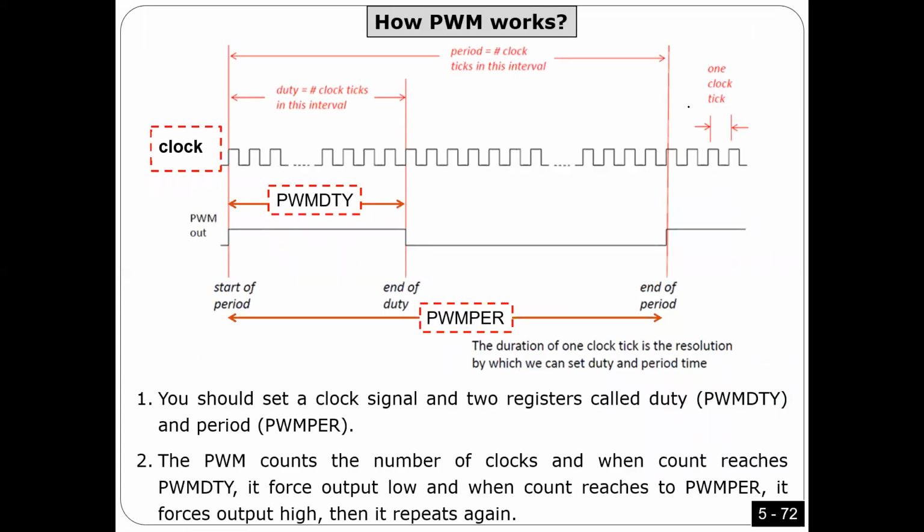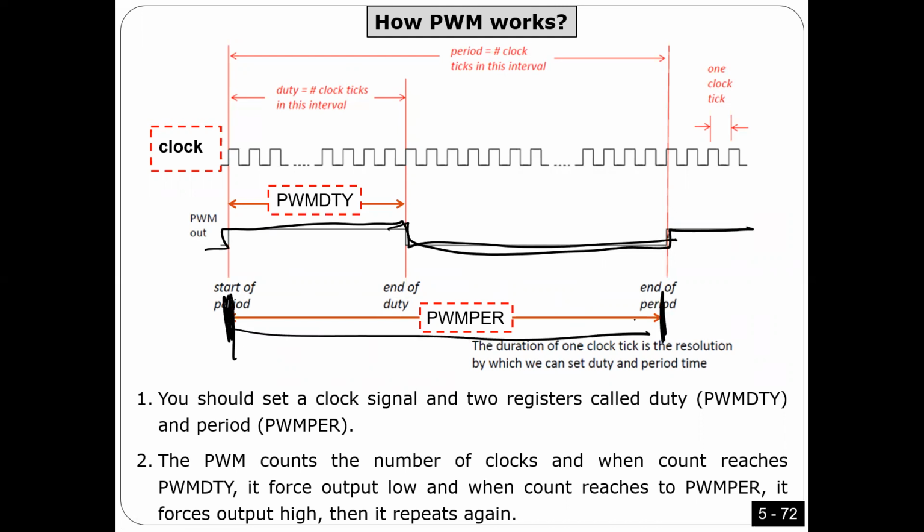Okay, so now I'm going to tell you quickly how it works. You have a clock. I'm going to tell you later where this clock is coming from. And this is the signal I want to generate. If I want to generate this signal, I have to say how big is the time from here to here, and how big is the time from here to here.